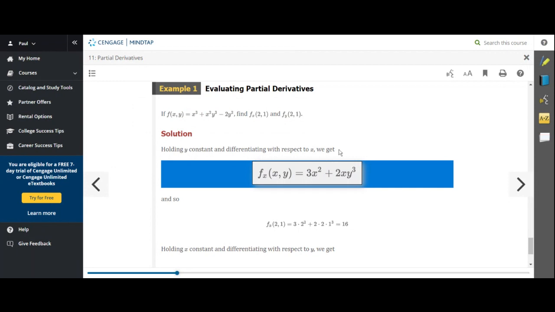Look at how they compute the partial derivative of the function with respect to x. They hold the y constant.